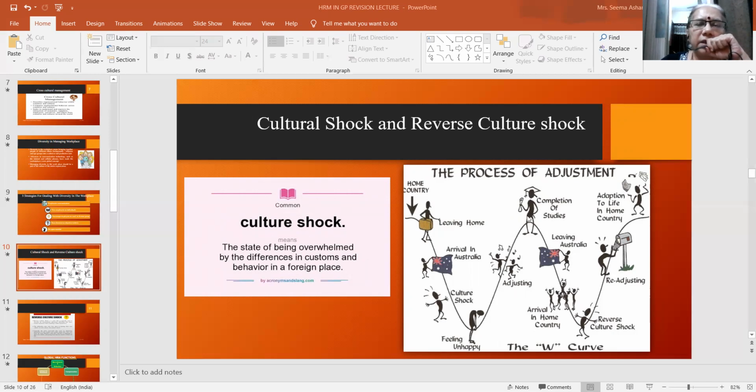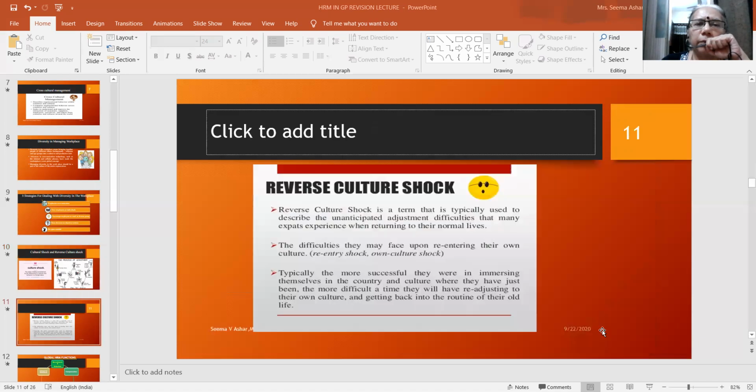And once his job is over, then he has to return back to his home country where he is going to face a reverse culture shock. So he will have to readjust to the home country from where he had left earlier. So that is called reverse culture shock. So these two terms, culture shock and reverse culture shock, both are very important.